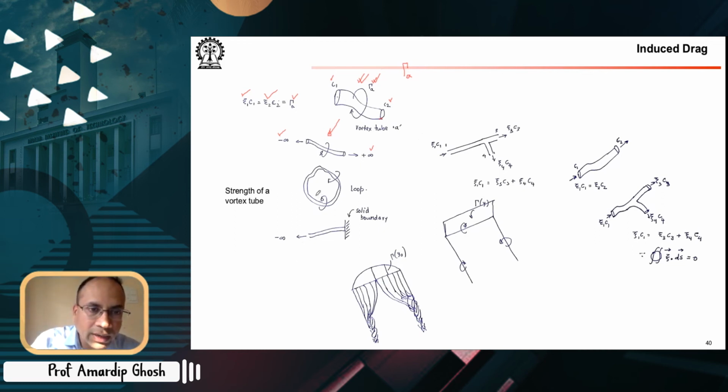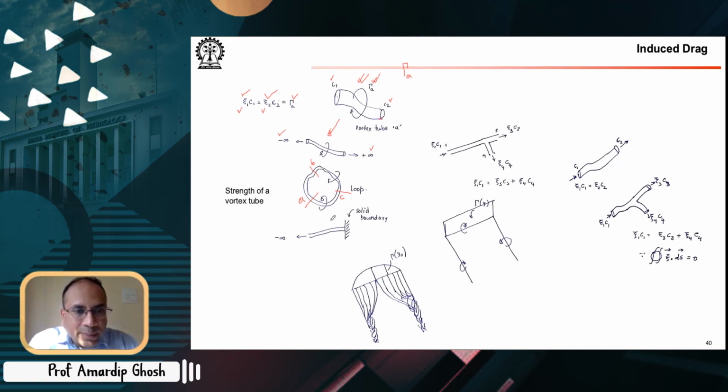You can take any cross section and show that maybe your cross sections are changing, but then your local product of eta 1, eta 2, eta n. So maybe this is A, this is B, this is C, and you can show that eta A times cross section area at A is the same as eta B times cross section area at B, etc.